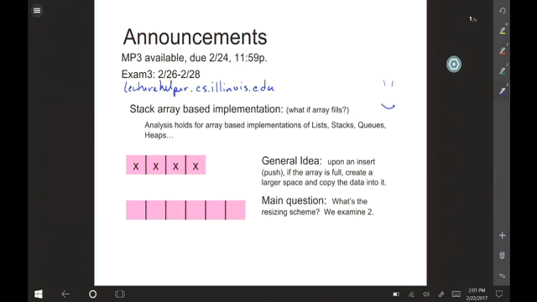MP-wise, it includes MP3. And labs-wise, it's through last week's lab, so it won't include this week's labs. So that's just the vocal description of the content of the programming exam starting next week. Okay?